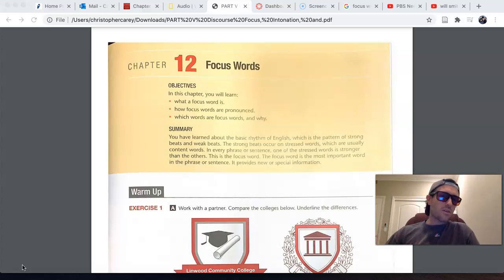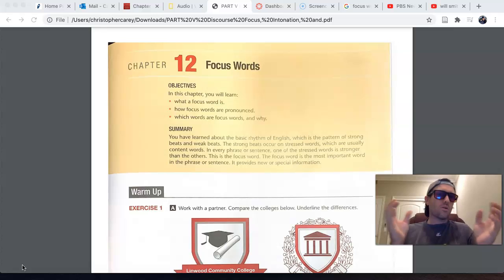But function words, on the other hand, do not provide us information, and those are articles, positive auxiliary modals, articles, I believe I had said, conjunctions, and, but, because, therefore. So those function words do not get stressed, but content words do.